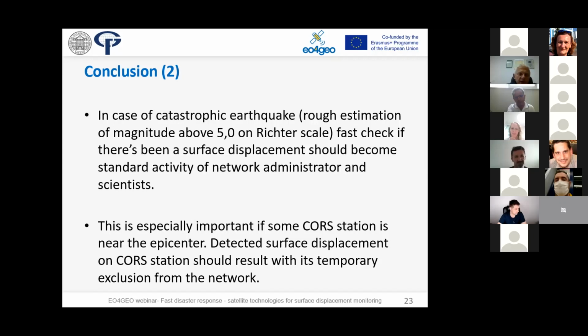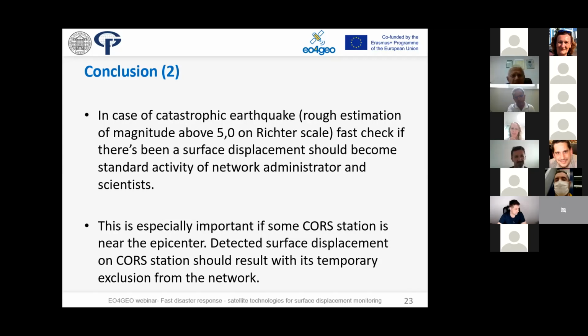But we are also aware that there are stronger earthquakes which do not result in surface displacement, and weaker earthquakes which do. So this is really a very rough indication, nothing more.